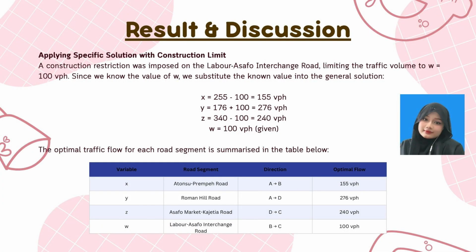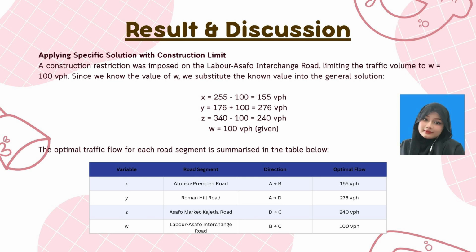So now we're moving on to the results and discussion. In this study, a construction restriction was imposed on the Labor Asafo Interchange Road, limiting its traffic volume to 100 vehicles per hour. So we set W equal to 100 and substitute this into our general solution.